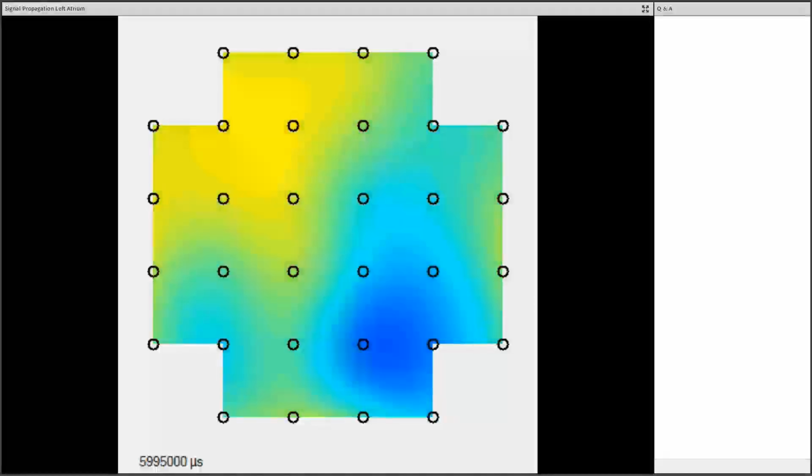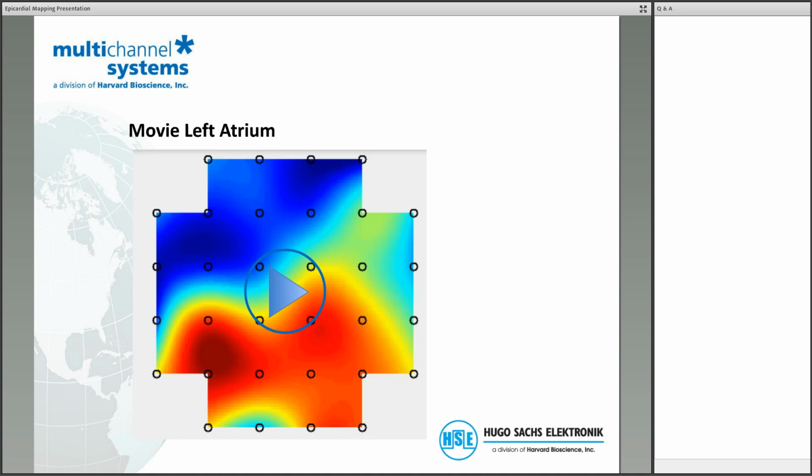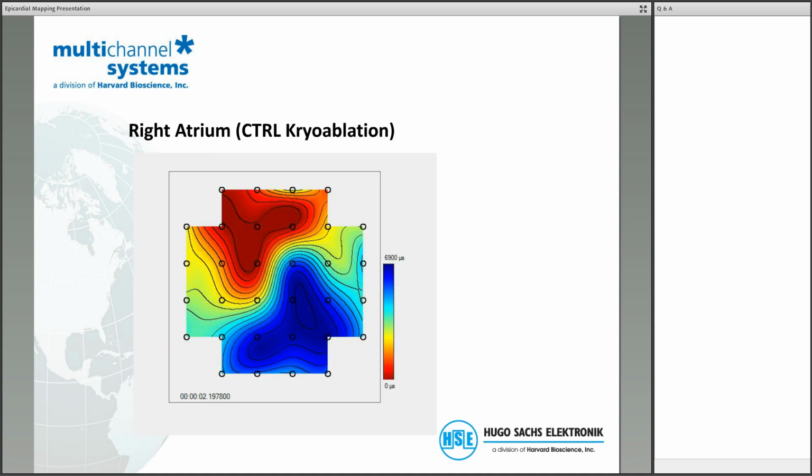If we switch on to the next one, you see what happens when we perform a cryoablation. I know cryoablation sounds very clinical, very fancy. Let me tell you how we did that in real life in a simple basic research lab. Every lab has somehow its liquid nitrogen.